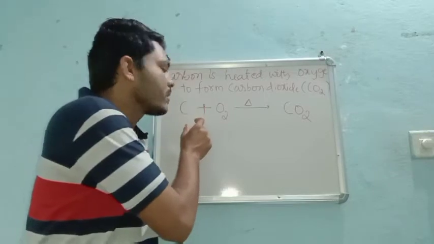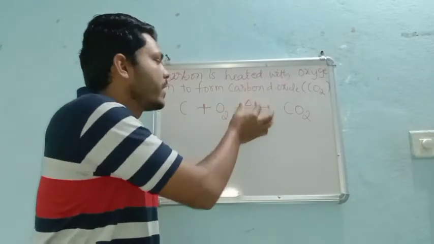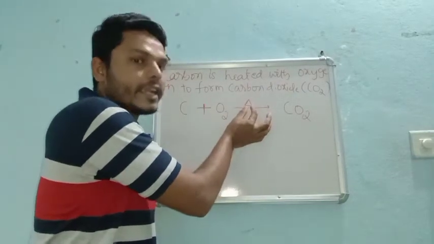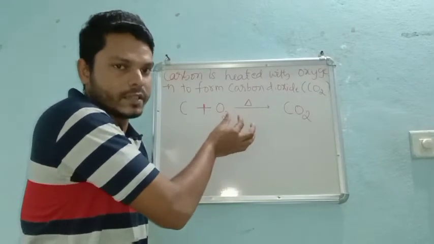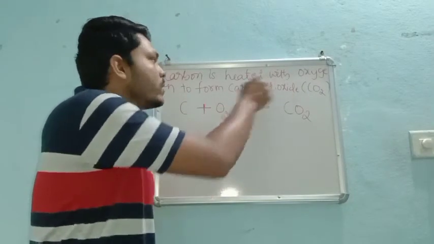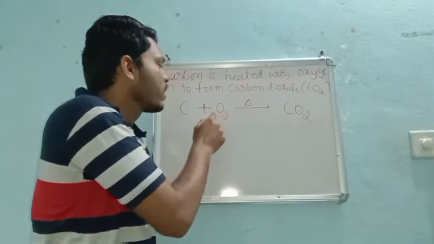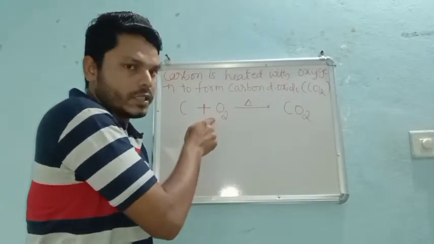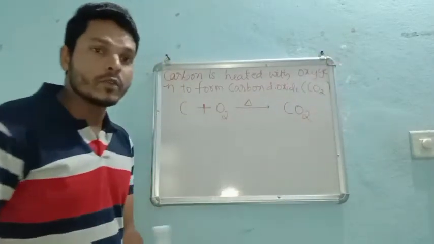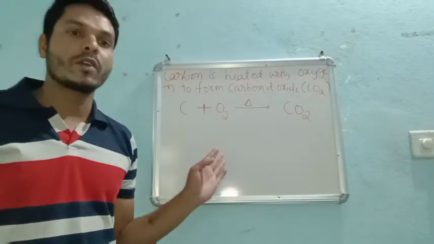So carbon is heated with, heated means heat, delta. In the form of delta we express heat in chemistry, right? So carbon is heated with oxygen to form carbon dioxide. Now you check whether this equation is balanced or not.